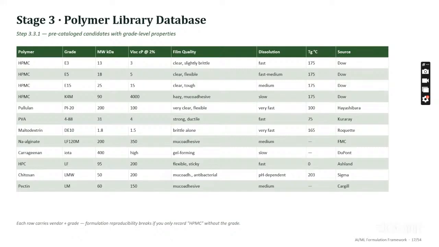So there is no loss in my dose; it goes directly inside. But due to the mucosal barrier, because of my peptide's molecular weight, I should consider how much will go inside. That has to be looked into. And the source is Dow, and different sources are there. HPC, chitosan, pectin: these are all the compounds we are using in the formulation.